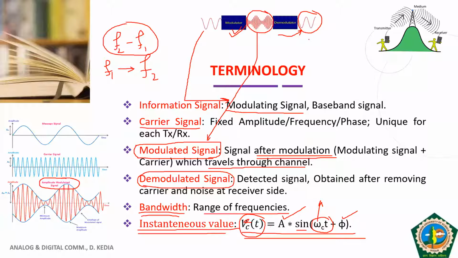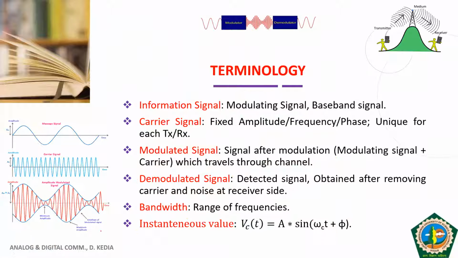If you write a sinusoidal equation, you write it like this: small v c of t equals capital V C sine of omega C t plus phi.